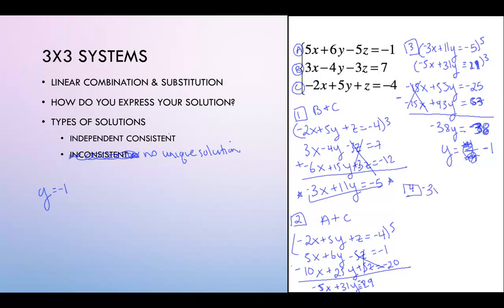Negative 3x plus 11 times negative 1 equals negative 5. So you've got negative 3x minus 11 equals negative 5. Negative 3x equals 6. So x is negative 2.